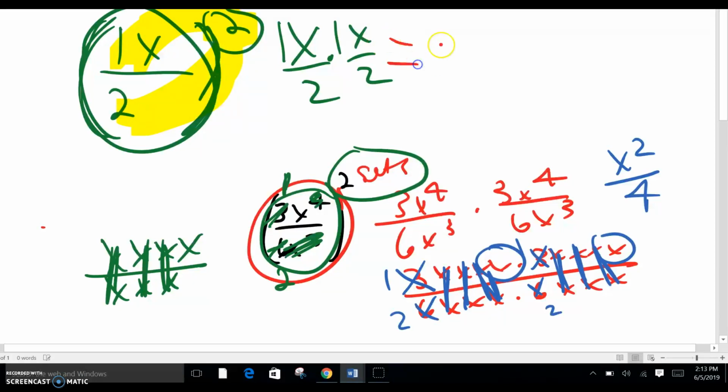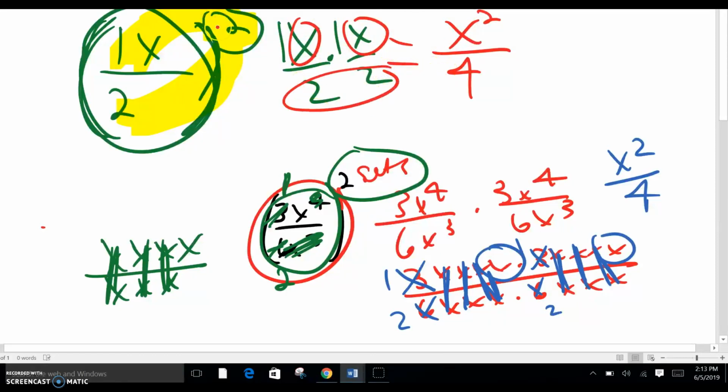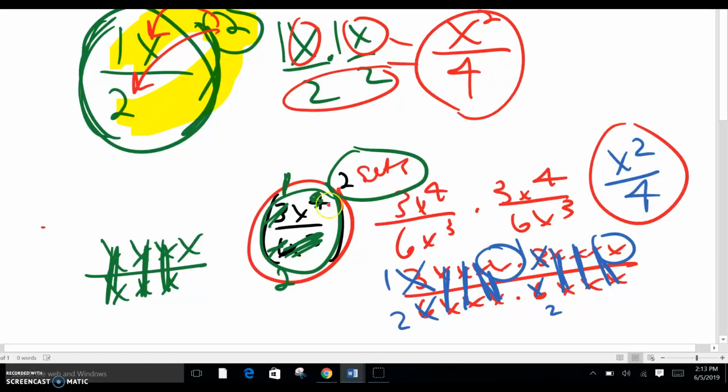So then when I multiply across, I get x, or you could put 1x if you want, over 4. I lost something here. Oh, duh, x squared. So I have x times x, which is x squared, and then I have 4, which notice if I square that and square that, I also get that. So either way, you're going to get the same answer, just kind of depending on if you want to simplify first and then square, or square first and then simplify at the end.